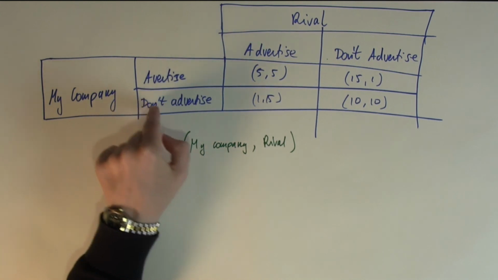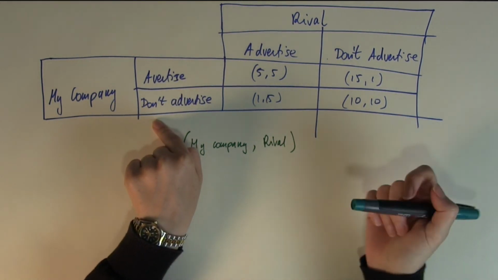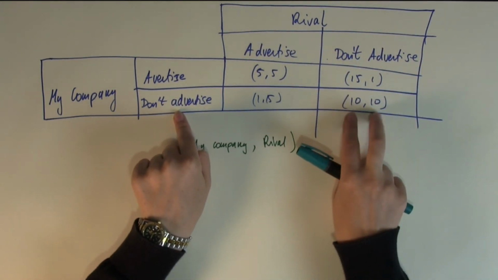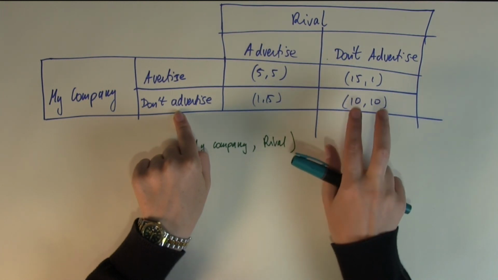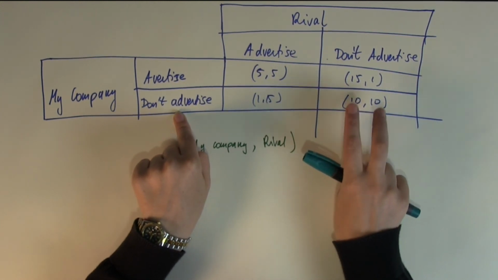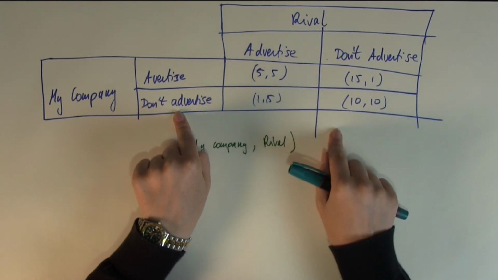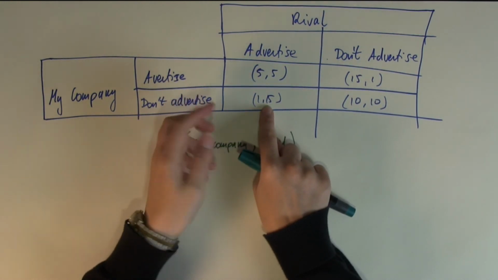So what happens if I don't advertise? Well, in an ideal world, if both of us chose not to advertise, then we would both earn a nice 10 million. However, we are competitors. We all want to maximize our own profit. So if my rival knows that I'm not going to advertise, they're going to choose to advertise. Why?